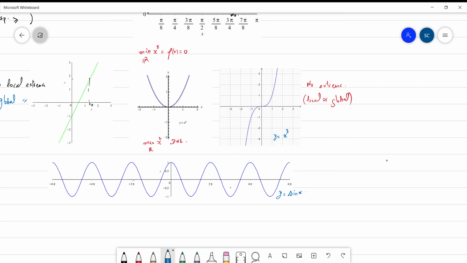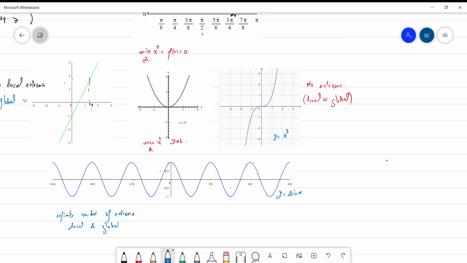So I have an infinite number of local extrema, minimum and maximum, and they are at the same time local and global.